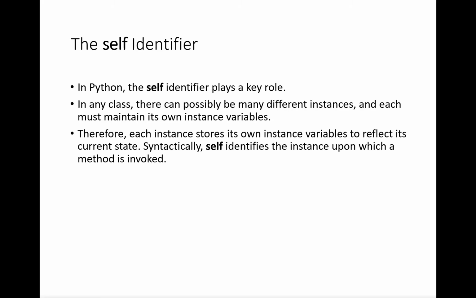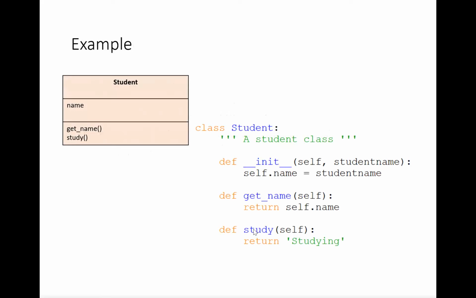Now let's look at a small class. Can you tell me what the variables are in the class? You can see we define a class, and then we provide the name.